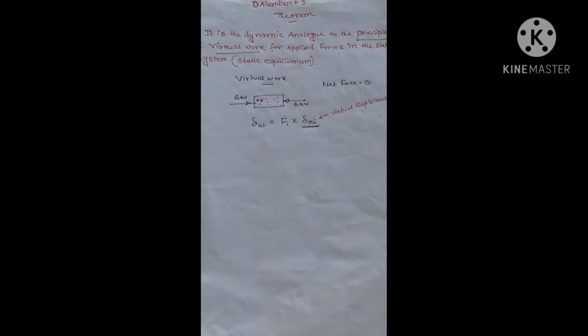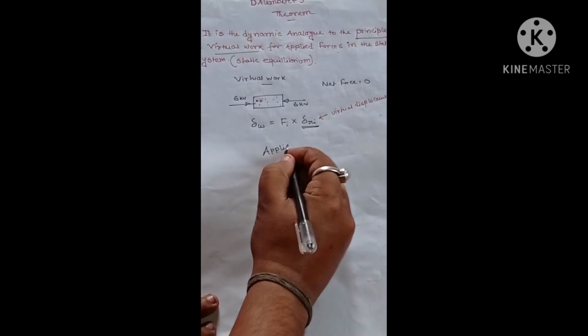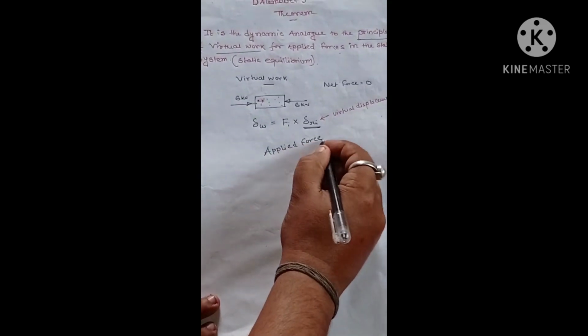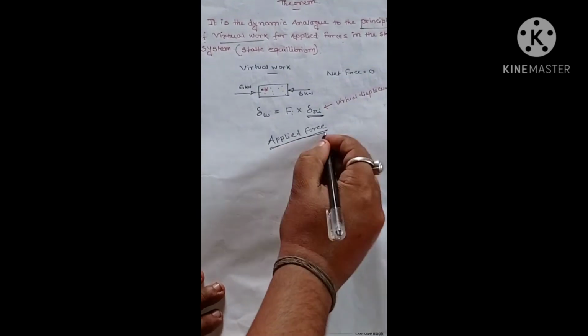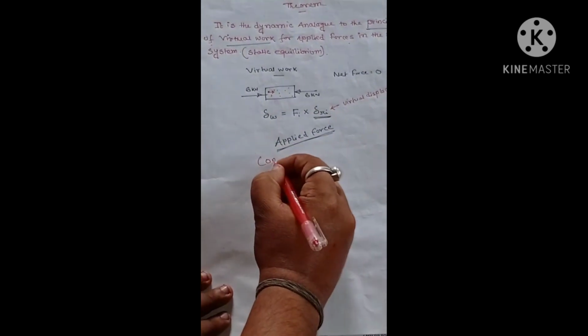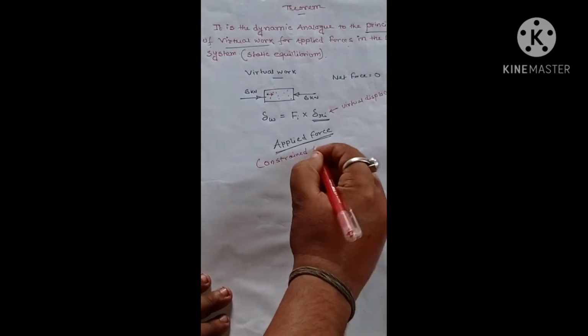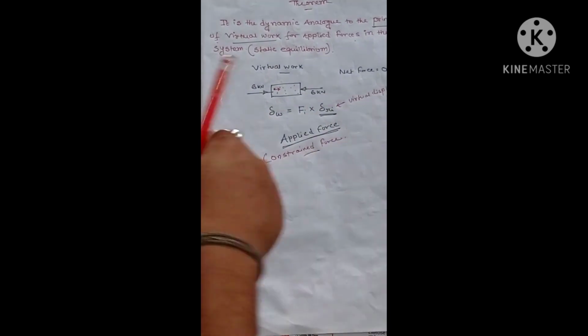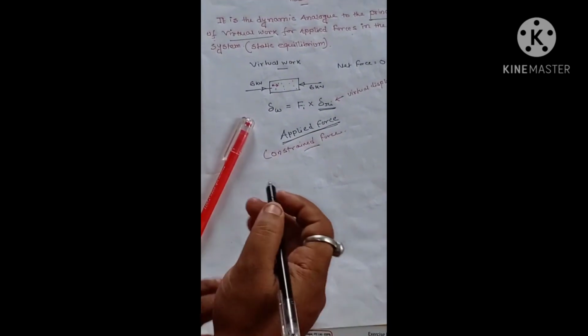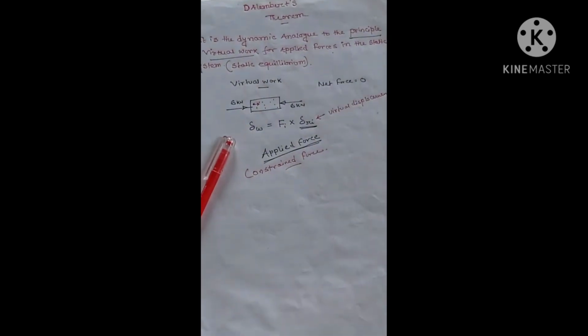You should always remember that virtual displacement only happens due to applied forces. Apart from the applied forces in the system, there is another force which is known as the constraint force. What is a constraint force? A constraint force is a force which limits the movement of particles.